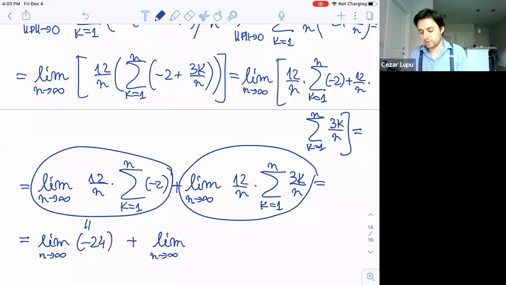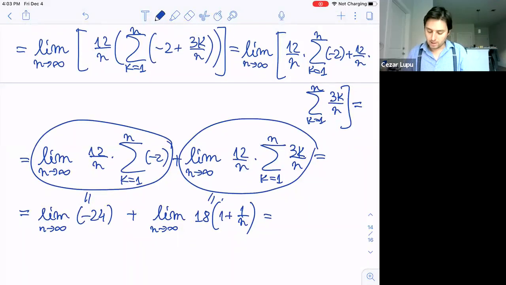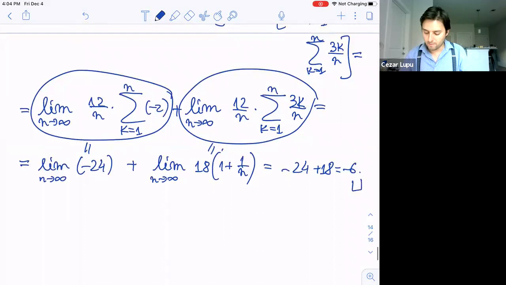Once we know the sum of k, which is n times (n plus 1) over 2, I'm just going to skip this. Let me look at my notes. It will be 18 times (1 plus 1 over n), according to my notes, and I think it's correct. So in the end, this gives us negative 24 plus 18, which is negative 6. All right. So that is the integral. We evaluated the integral.